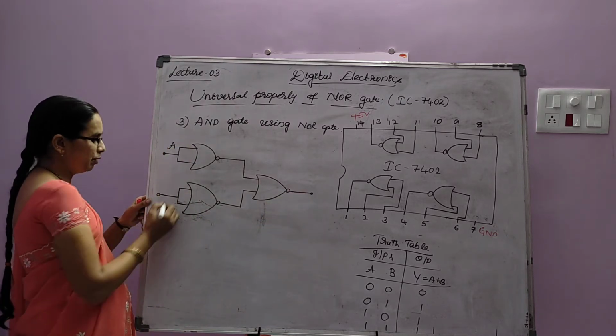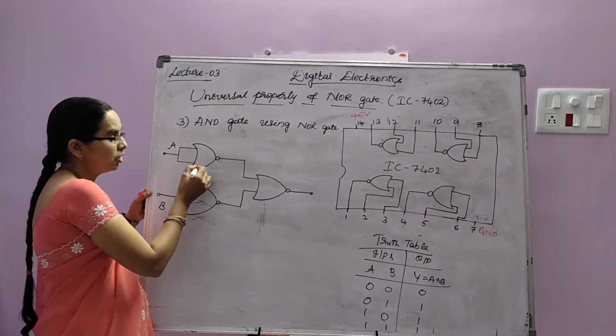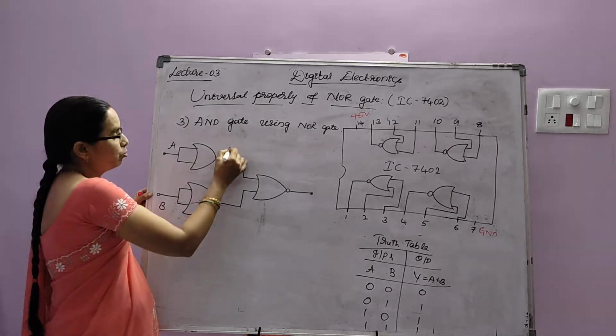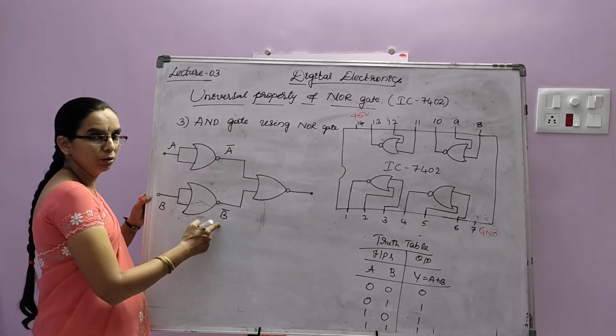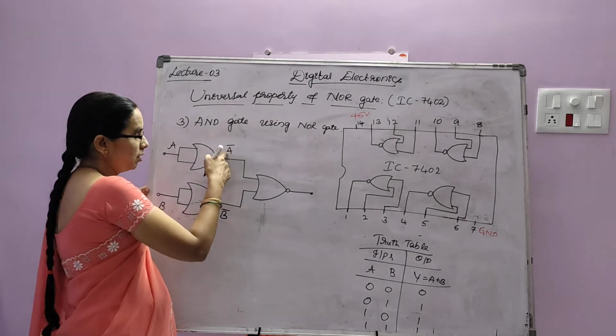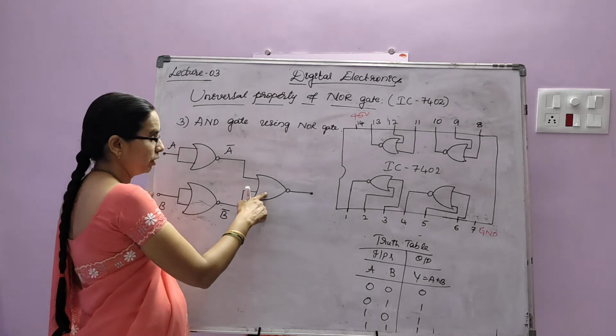If A and B are the inputs of these two gates, this is the NOT gate circuit. The output will be A complement here, and B complement here. So this A complement and B complement will be the two inputs of the third NOR gate.